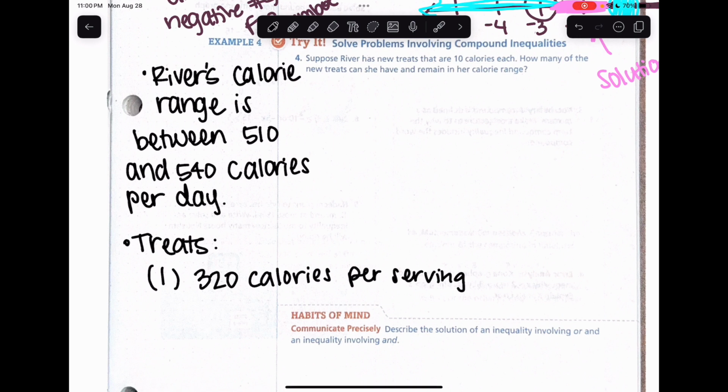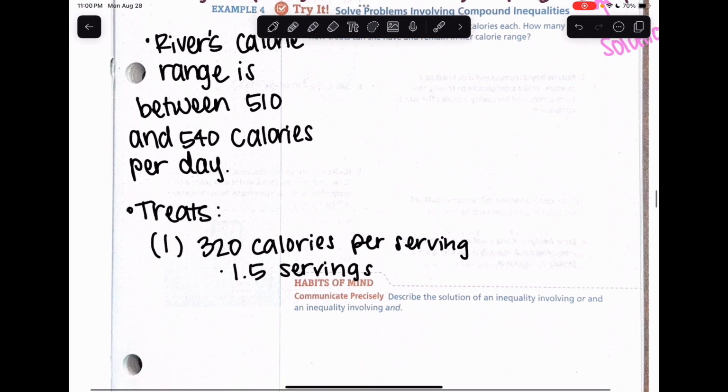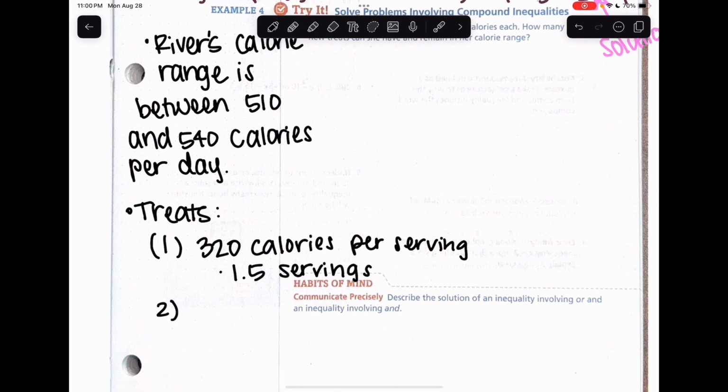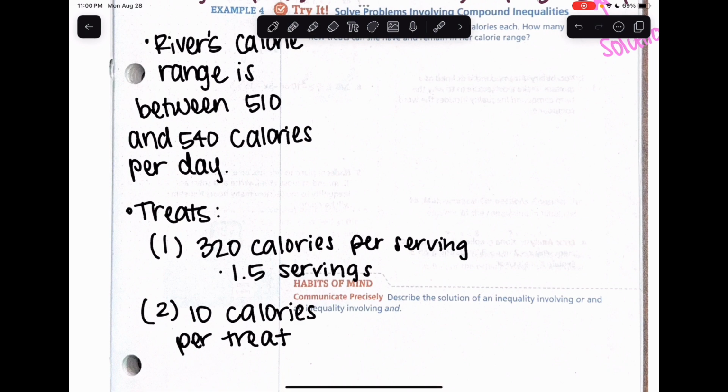And she's having 1.5 servings of that. And finally, the other treat, so 2 treats, which we know up here, is 10 calories per treat. That's all you needed to know there.